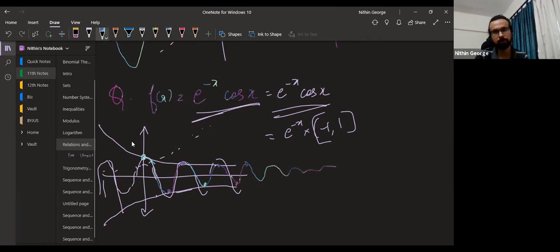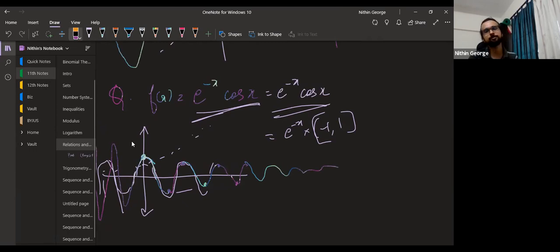Like this, it just gets closer and closer to the x-axis, and on this side, it just keeps getting bigger this way. So this is the graph of e power minus x into cos x.